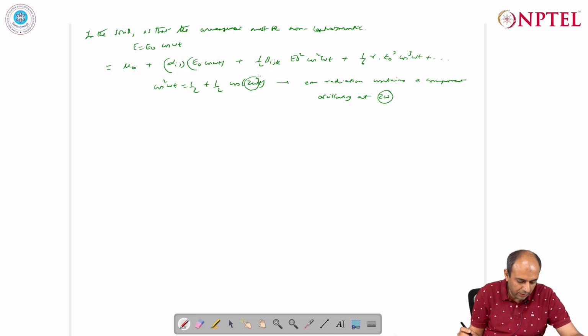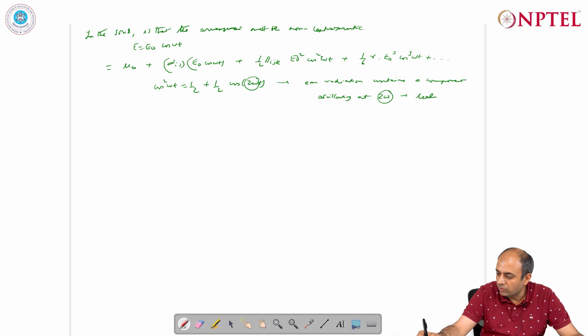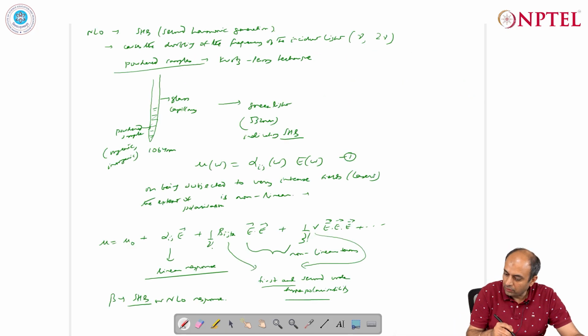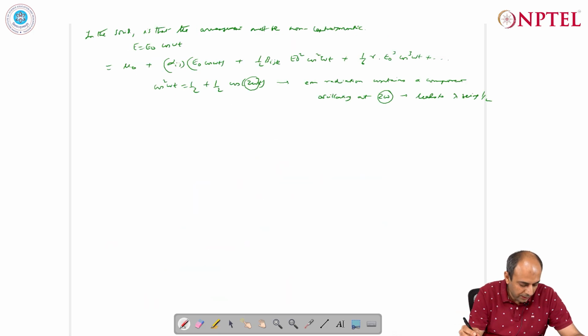So this oscillating frequency is double the magnitude of that of the incident frequency, and therefore you will see now that if the frequency is double, this leads to lambda being half the initial value. So when you have 1064 nanometer, what comes out is now 532 nanometer green light. So the wavelength is half, the frequency is double, and that is the origin of the SHG response.